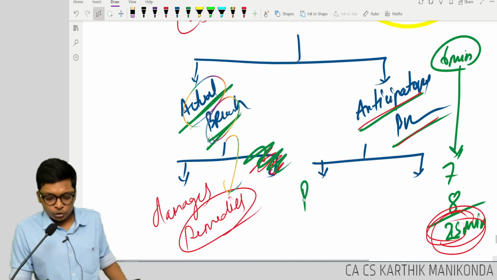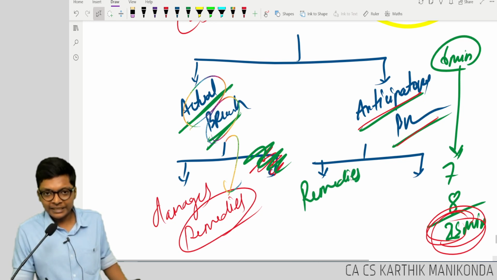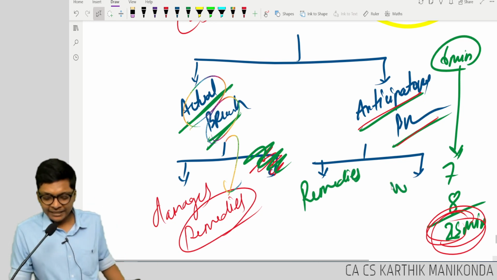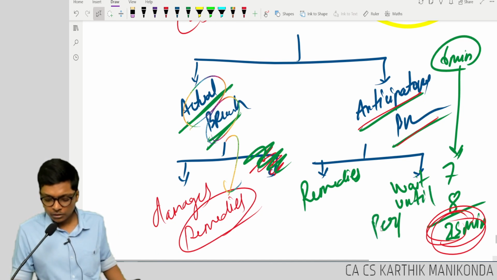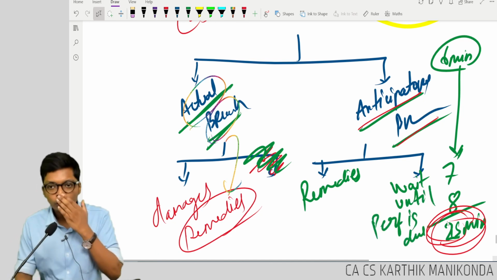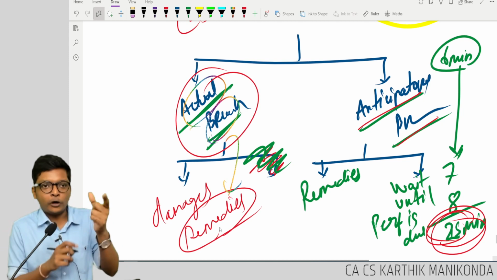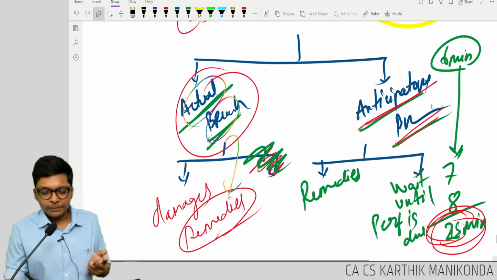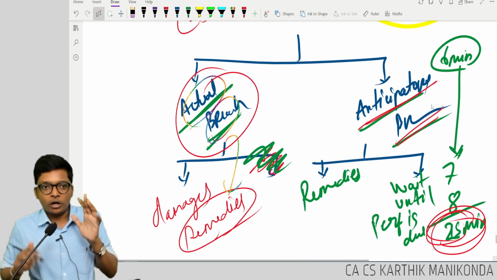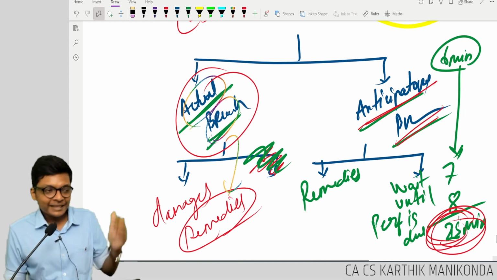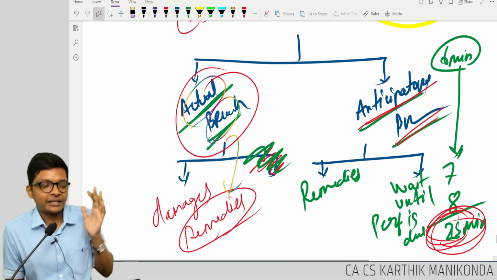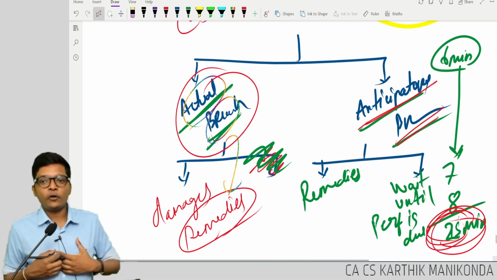Immediately go and sue for remedies, or wait until performance is due. Are you following, guys? Just think about day-to-day examples. If somebody cancels it, then you can go for remedy. If anticipating breach, immediately go for remedy or wait until performance is due. Maybe like someone said, wait for half an hour, he will come back. Are you able to follow, guys?